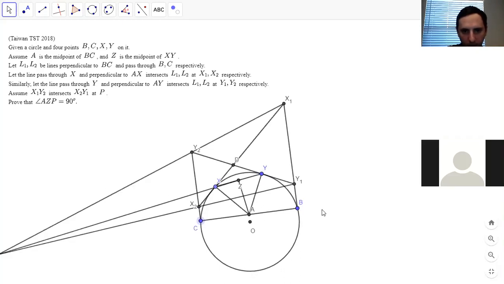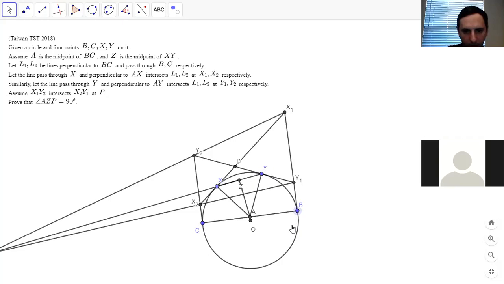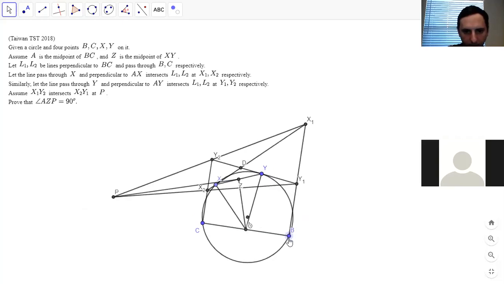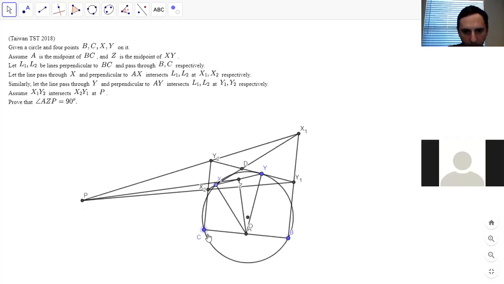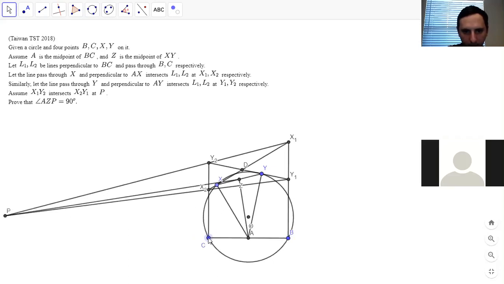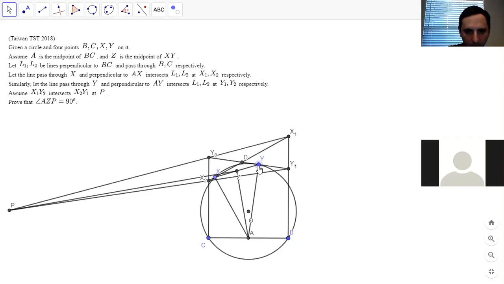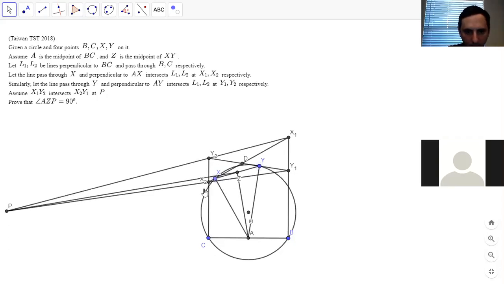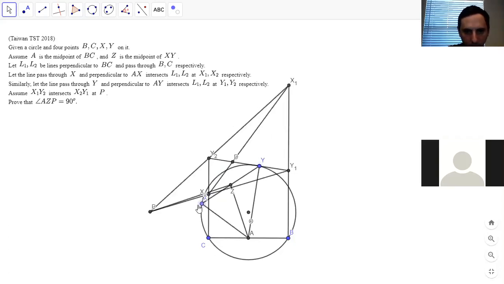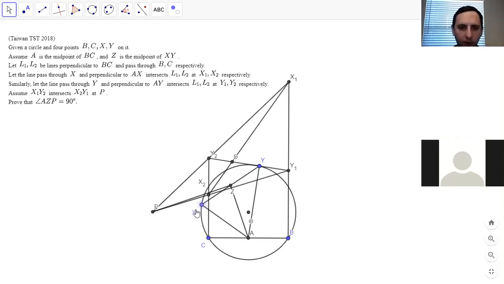Yeah, you know what? What if I just think of different ways to do the diagram? Might look better if I do that, but then maybe like that. Let's see.